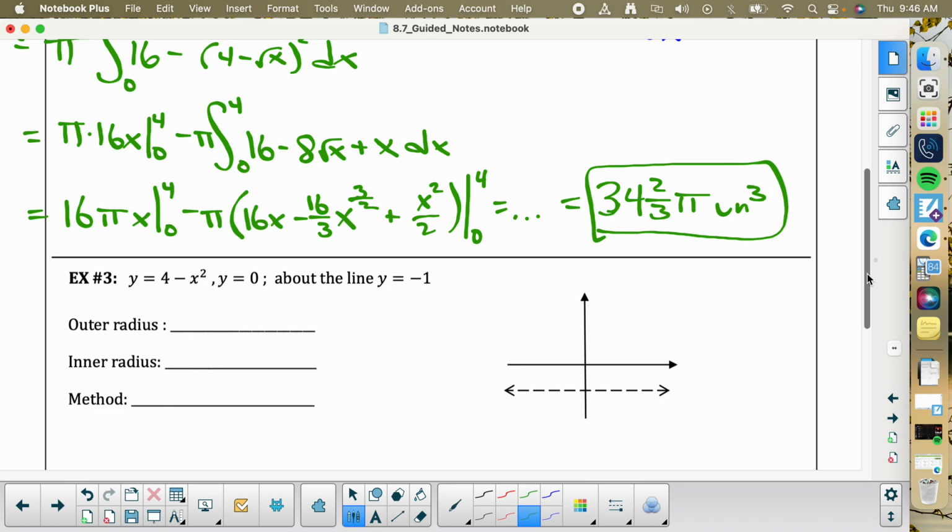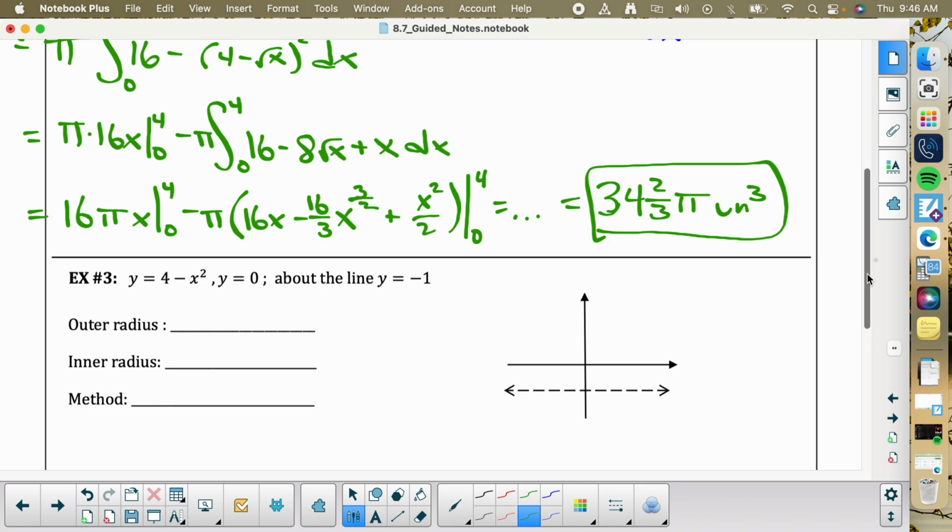I got 104/3, which equals the same thing as 34 and 2/3. Yeah, yours should be correct. You got the pies in there. I have the correct equation. I did all the math in my head. I plugged it into my calculator, 104/3, but it's the same.